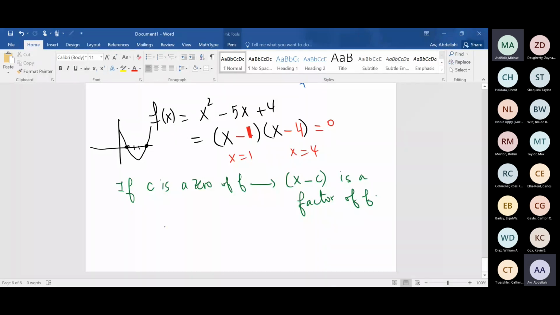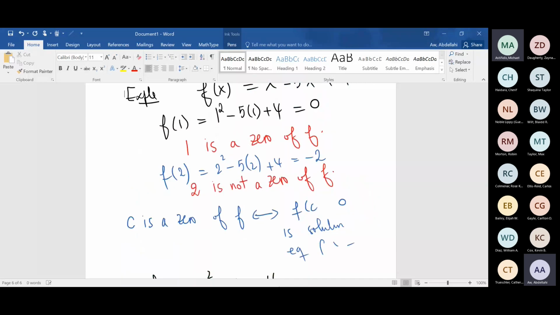So this is the third definition. If c is a 0, then x equals c is an x-intercept. Okay, so the zeros are also x-intercepts. The zeros are in the factoring. So all of this is exactly the same.